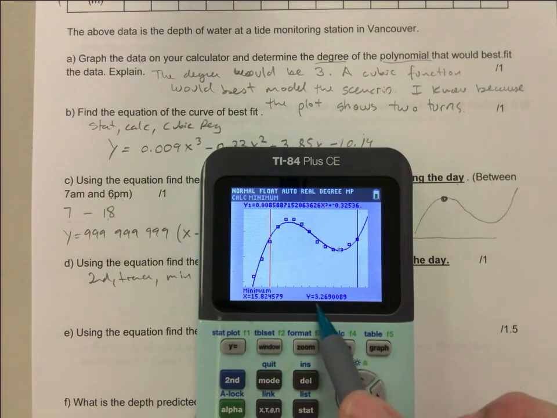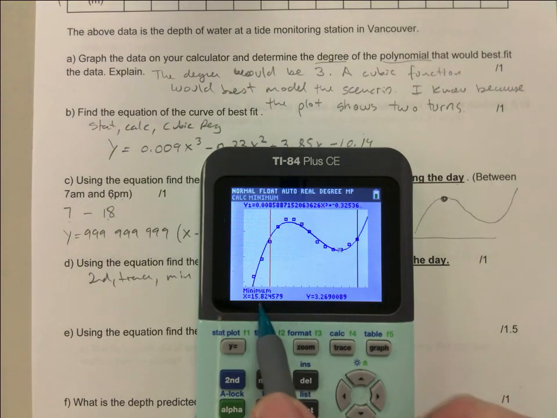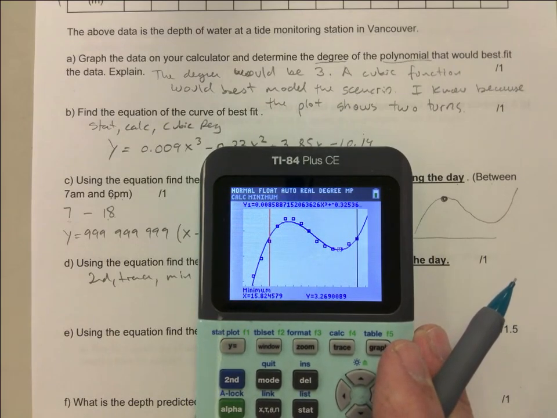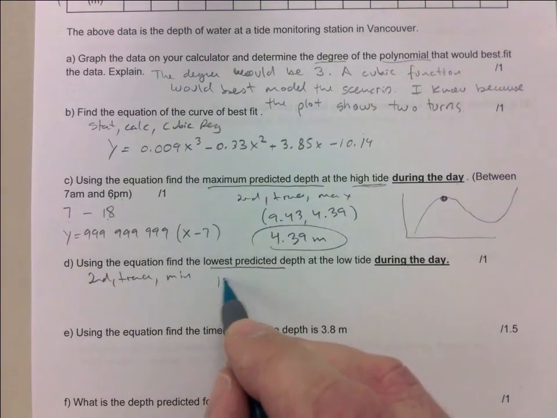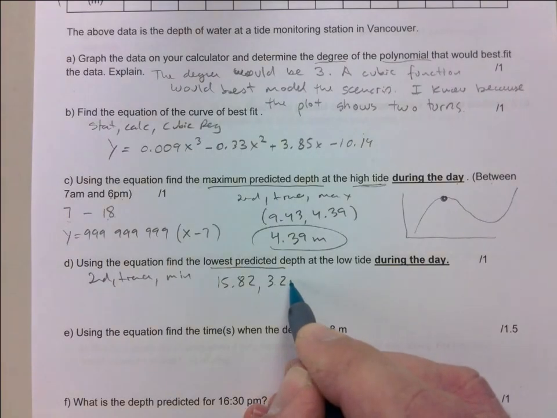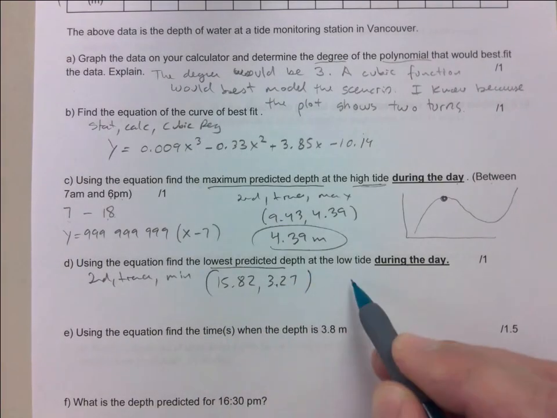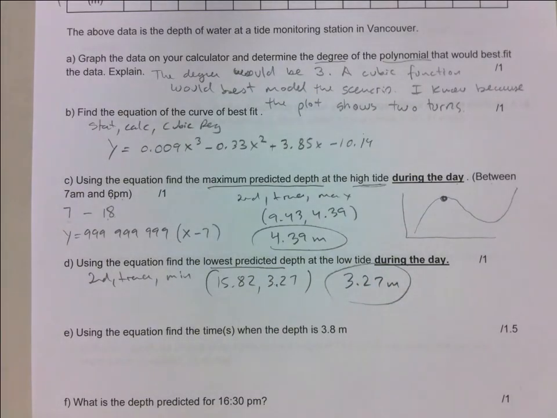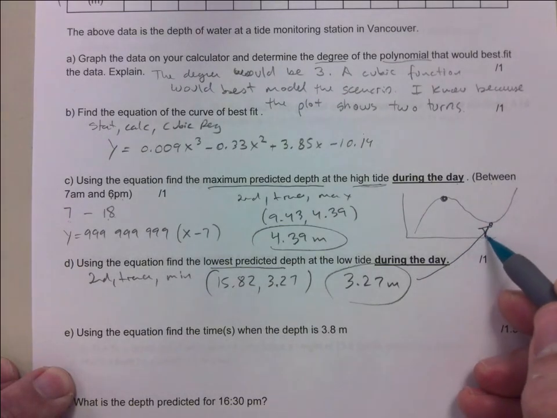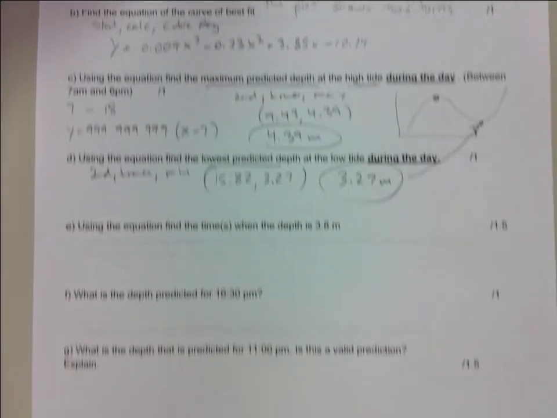So the lowest is 3.27 at 15.82 hours, right? So 3.27 meters is the answer here, okay? It's the lowest point there that I found.